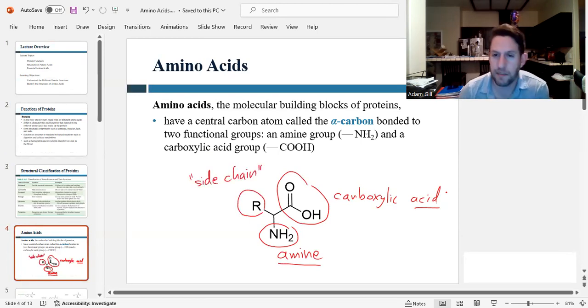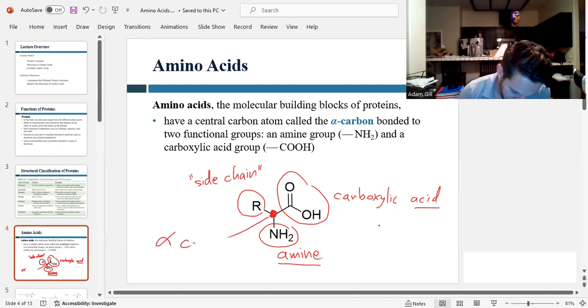Now, in this example, I've just used R for the rest of the molecule, but the 20 different amino acids have 20 different groups here as side chains. And that's what makes them different, but they all have this general core structure. And the carbon here in the middle is known as the alpha carbon. It's the middle of the amino acid.